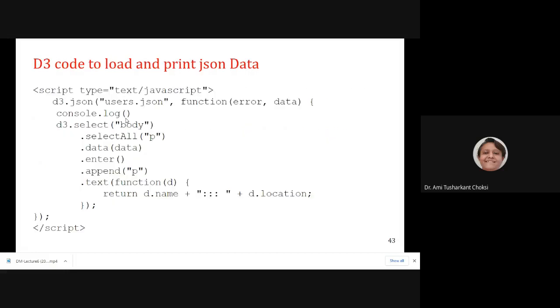Here also we are using the version 4 of D3. So we have to write script src equal to https://d3js.org/d3.v4.min.js, the way we are typically writing it. Here I have given this code only because that is known to you.